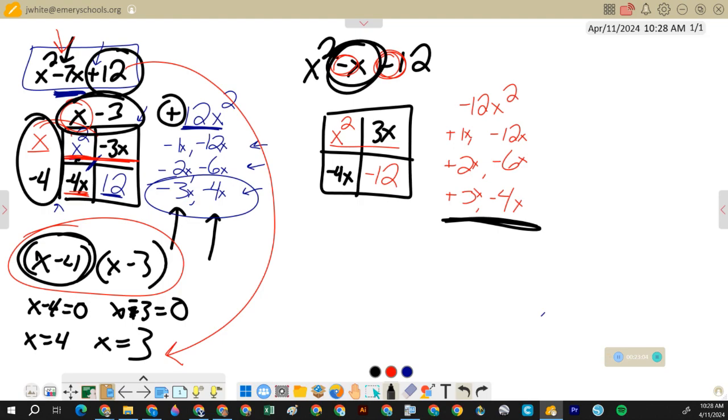X. So we yank out an x. And when I pull an x out, what's left? X plus 3. And now when I yank an x out of the second row, I'm left with x minus 4. Then we write those as factors. X plus 3 and x minus 4. What would the roots be?